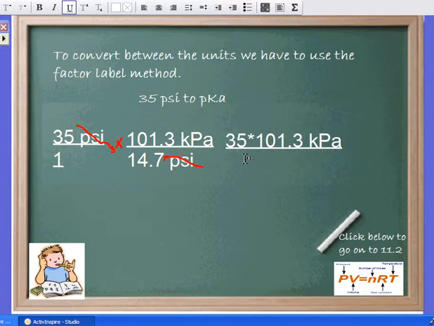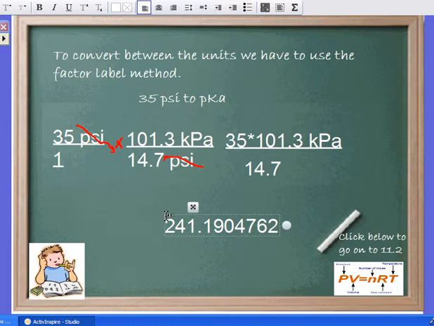All over 14.7. Now we aren't going to label the psi because we've already crossed them out. So actually, if you do this math, what you're going to find out is that it comes out to be 241.1904762 psi. Or, I'm sorry, kPa.